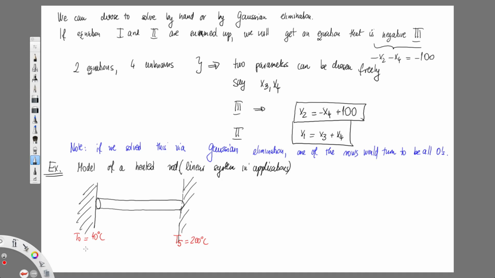So this is at my distance x, I'm going to call it x0, which is 0. And this endpoint is at a distance 10 away. So the length of this is 10 meters, I believe.